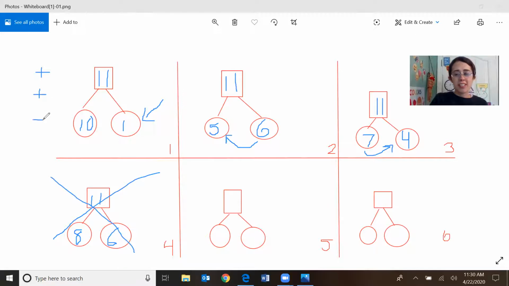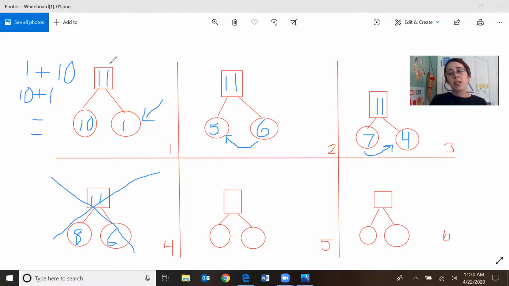Remember, with number bonds, we also get to write 4 different true math equations: 2 plus sentences and 2 subtract, or minus, or take away sentences. 1 plus 10 is 11, for example. Switch those numbers around. The commutative property tells me that my answer remains the same. The whole is still 11, no matter where my parts are in the equation.